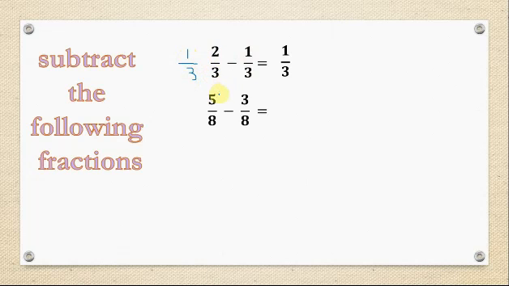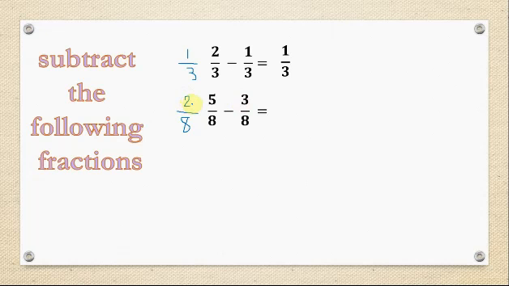The next question, 5 over 8 minus 3 over 8. The denominators are the same. It's 8, so I will keep it. Then just subtract the numerators. 5 minus 3 equals 2. I'm hearing someone who said, Miss, we have to simplify it. 2 and 8 are even numbers, so we have to divide by 2.